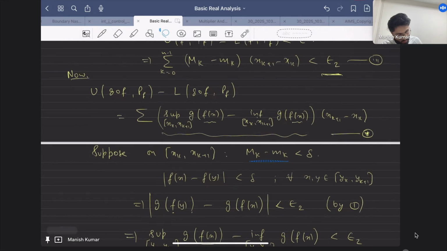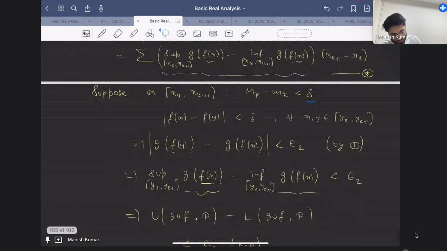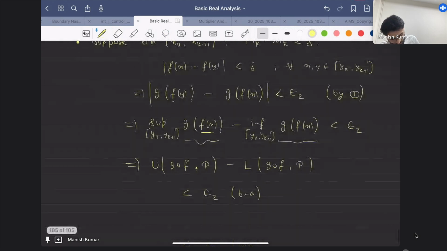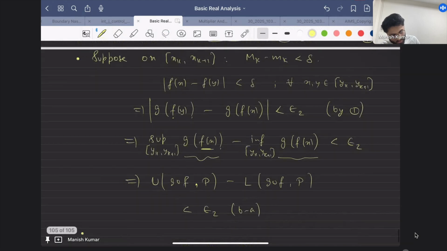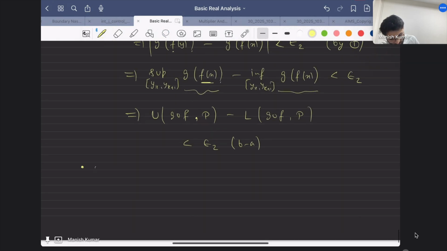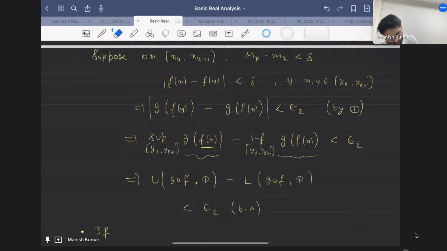Now what if it is not true? Suppose it cannot be always true, right? So let's say this is case 1 and this case 2 probably.